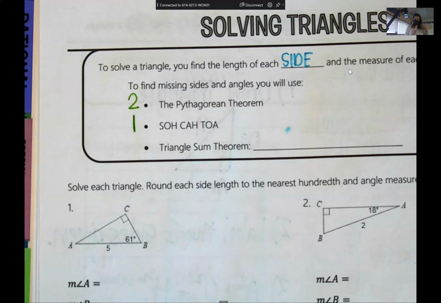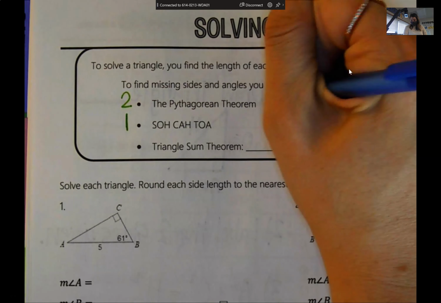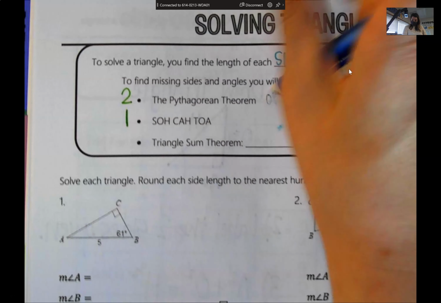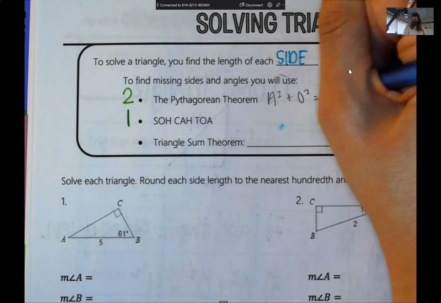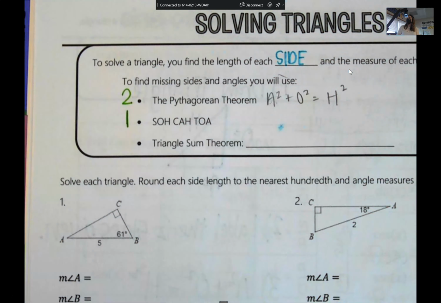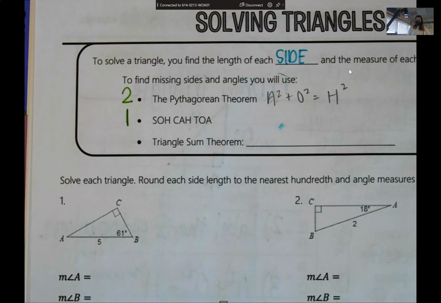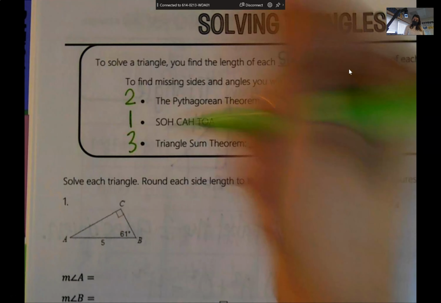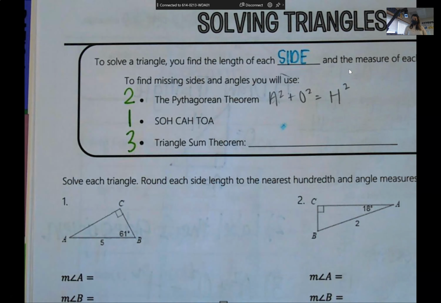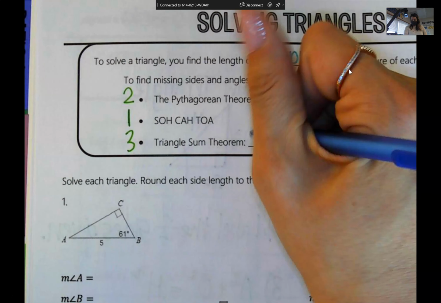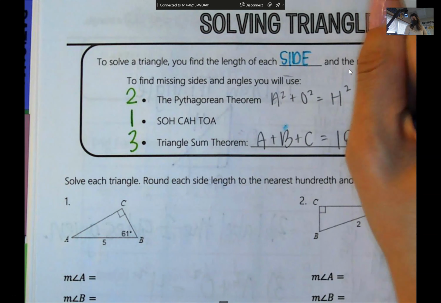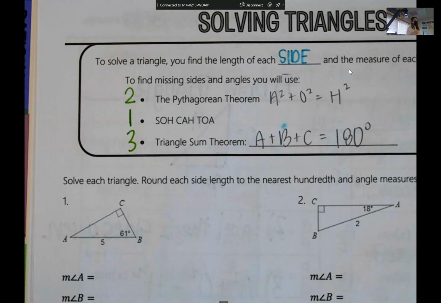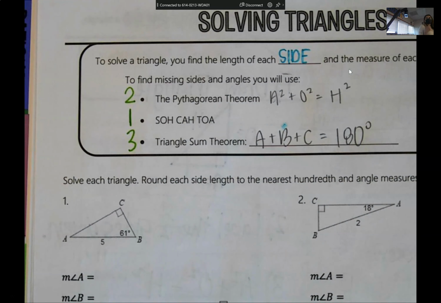And remember, we've changed that to A squared plus O squared equals H squared. Then the last thing you do is the easiest. That's the triangle sum theorem. So that just means that A plus B plus C is supposed to equal 180. So you'll take 180 minus 90 minus the angle that they gave you.